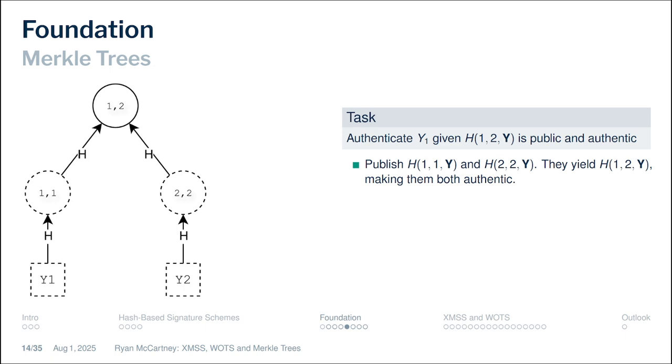And now, to give you an idea of how these Merkle trees are used in practice, it is still the same setup, but now I've expanded it by also including this y1 and y2.